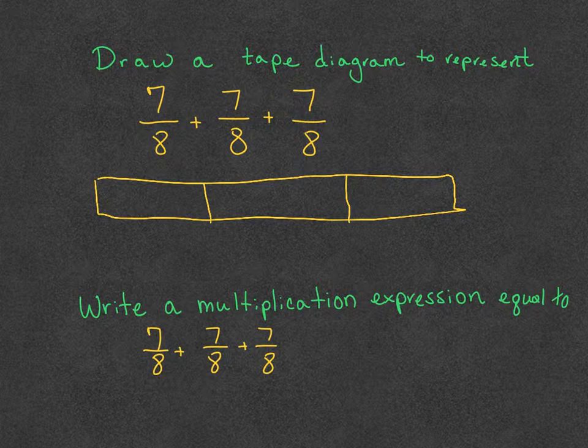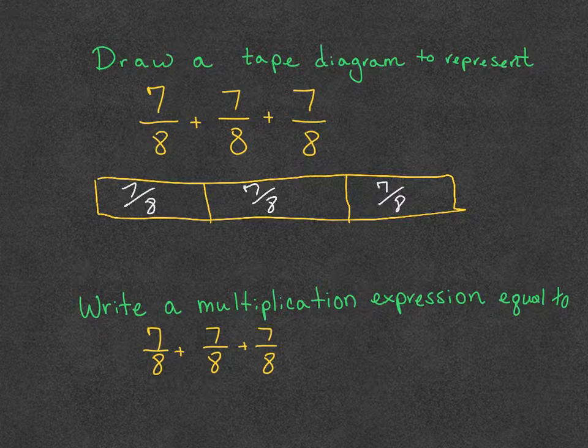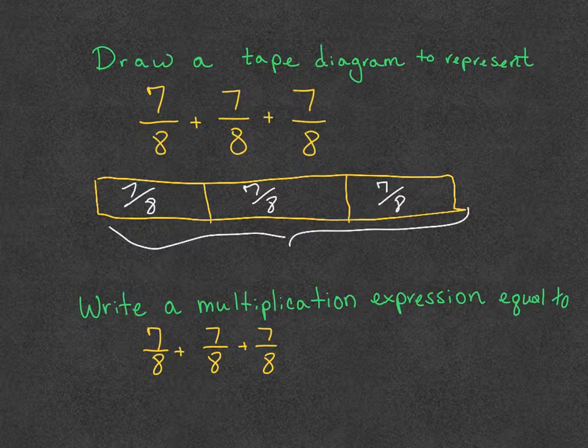Because I have 3 7/8. 7/8 here, 7/8 here, and 7/8 here. So that's my tape diagram to represent 7/8 plus 7/8 plus 7/8. And all of this together is equal to 21/8.